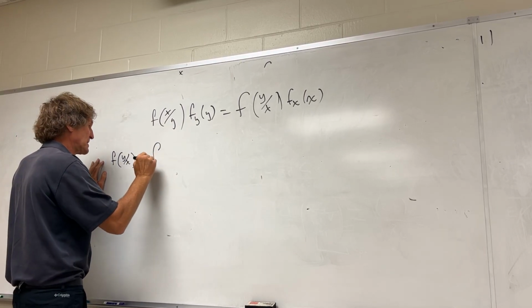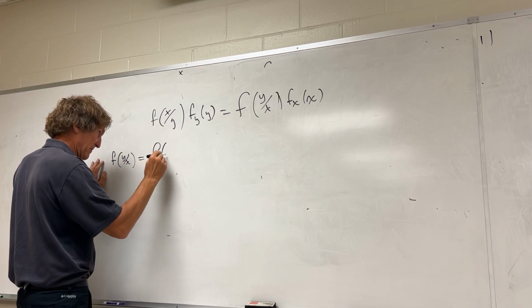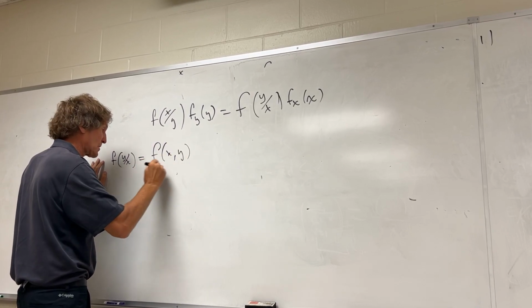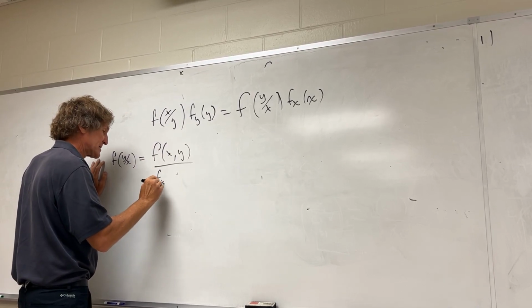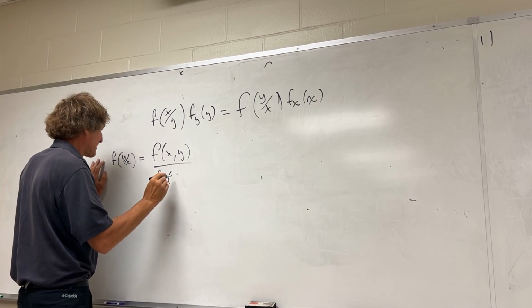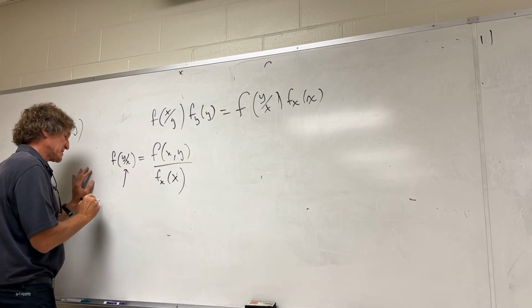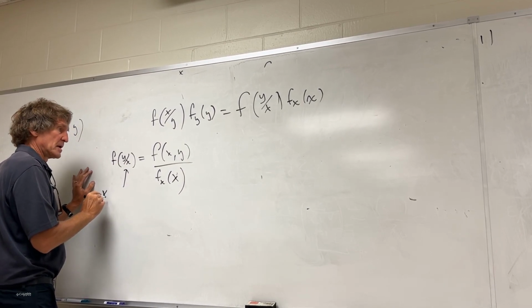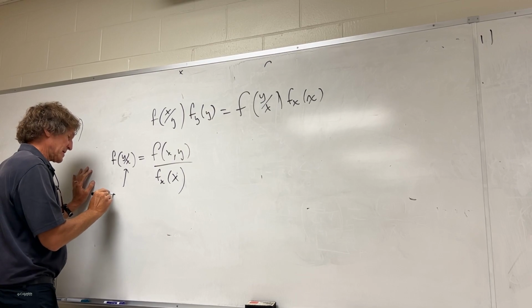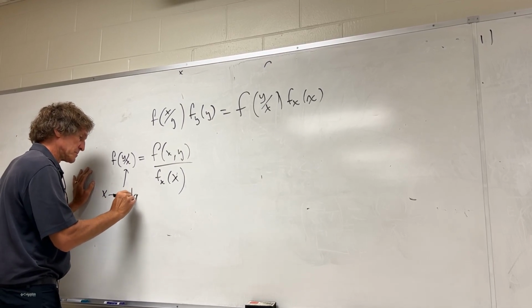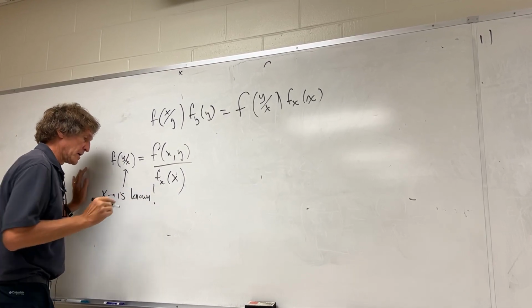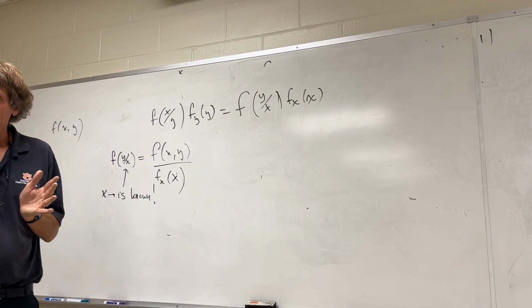Well, that's the joint density function f of xy over fx of x. Here, this means x is specified, is known. That's the one thing you take away from this.